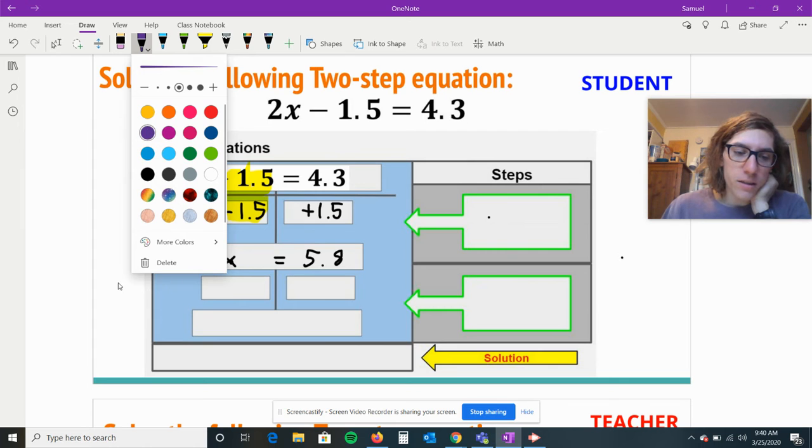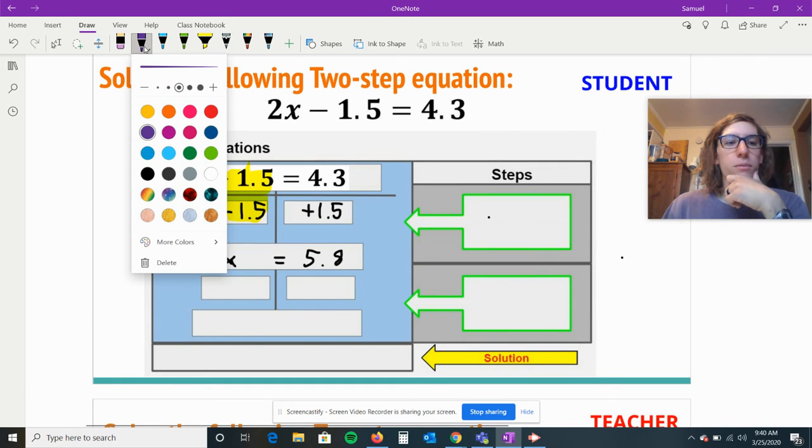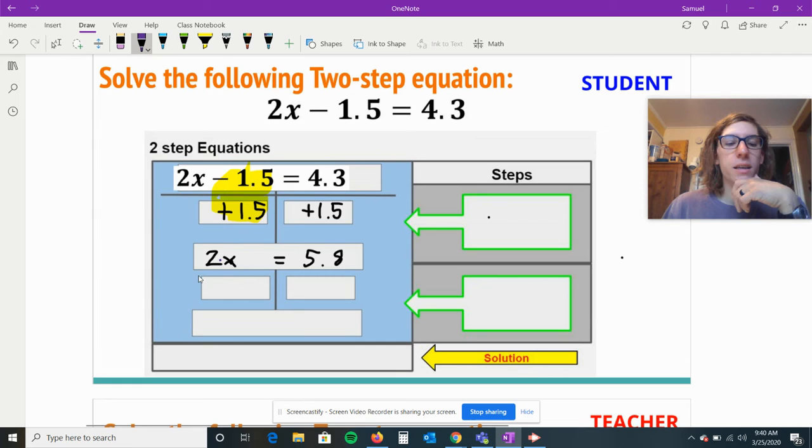Let's mix up our colors here a little bit for fun. For the second step, we need to do the opposite of multiplying by 2. So what is the opposite of multiplying by 2? Well, it's going to be dividing, right? So this time I'm going to do my dividing line. Divide by 2. Whatever I do to one side, I always have to do to the other. Anytime you're solving equations, you have to do it to both sides.